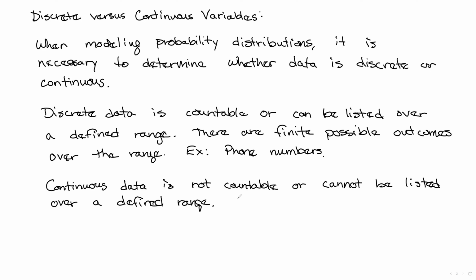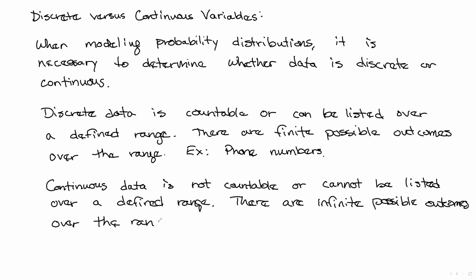There are infinite possible outcomes over the range. And what are examples? Essentially, continuous data is something where you could always add more decimal points. You could always get smaller increments as many times as you want.